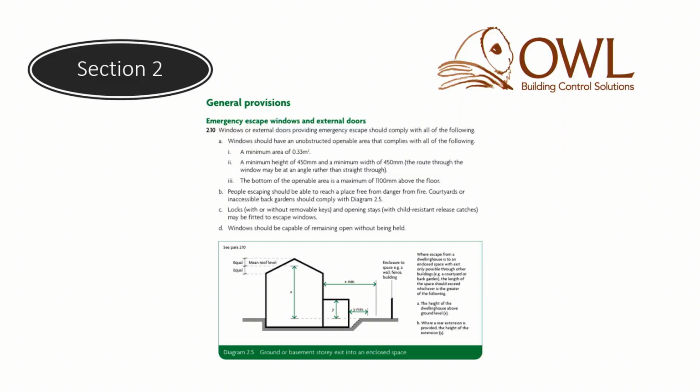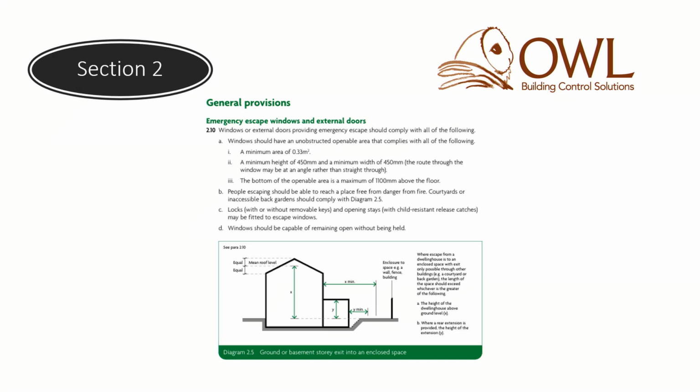Now, a couple of key bits of terminology. An emergency escape window. These are windows that, unsurprisingly I suppose, can be utilised as escape in the event of a fire. For them to be classified as an emergency escape window, they need to meet the dimensions of 0.33 metres squared, with 450 in any direction, and that results, in reality, in a 450 by 750 window, basically.